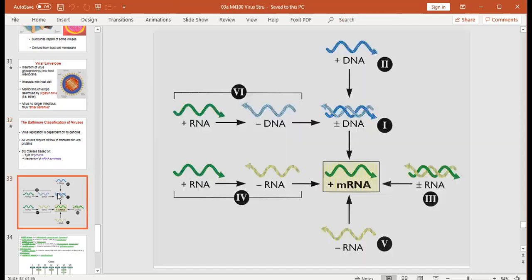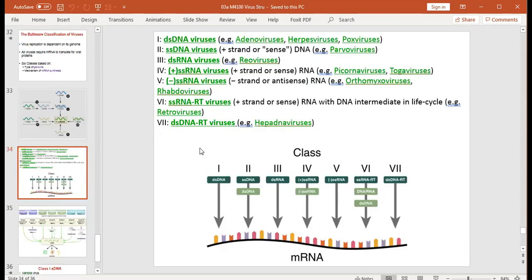And based on that, we have 6 different classes, which is depicted in slides number 32, 33, 34, or 33, 34, 35. These are all the same depiction. So let's go over one of these classifications.